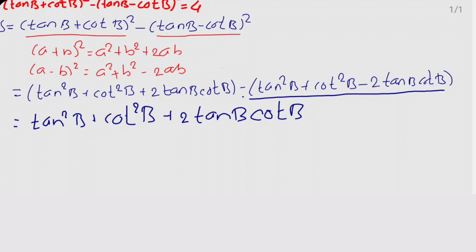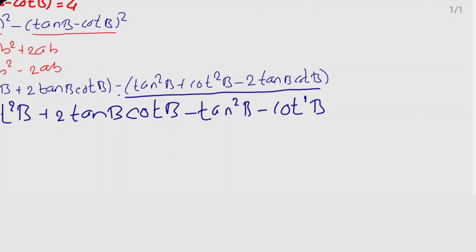So now minus into tan square b is minus tan square b, and minus into cot square b is minus cot square b, and minus into minus 2 tan b cot b becomes plus 2 tan b cot b.